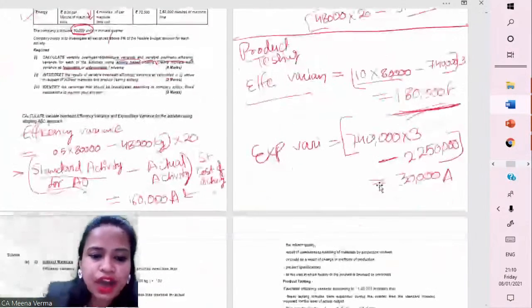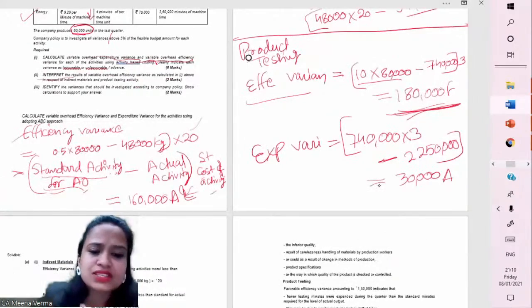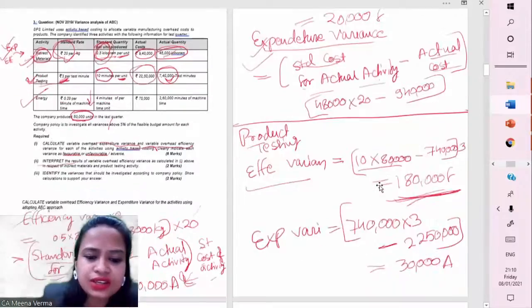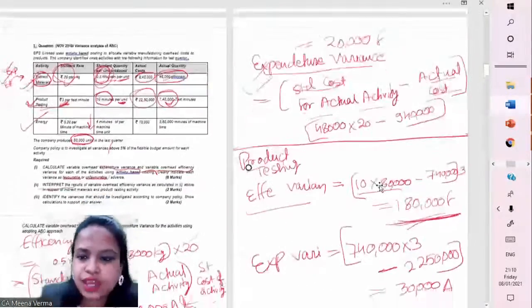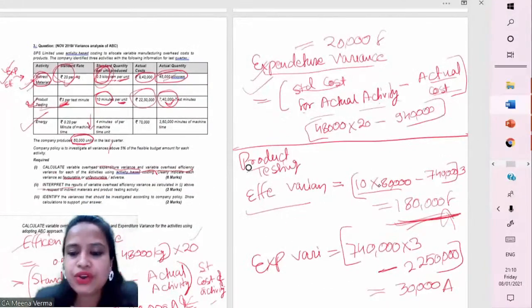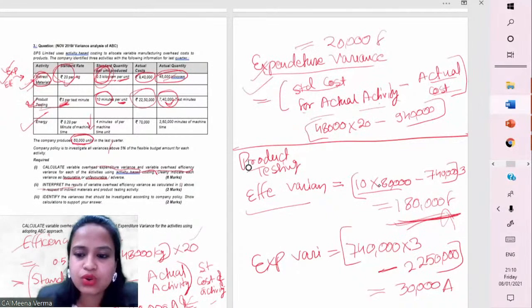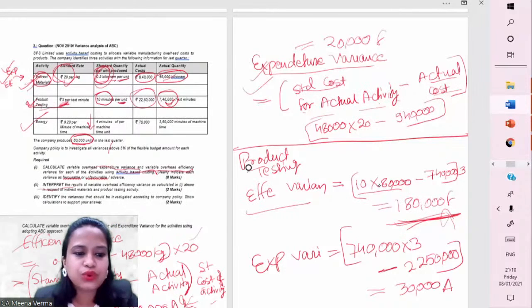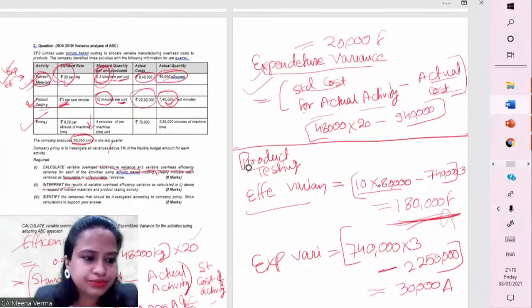So you have to find the reason why this variance is adverse. What could be the reason because of which this is adverse? Why is this so favorable? What could be the reason? So this way you can interpret the question.